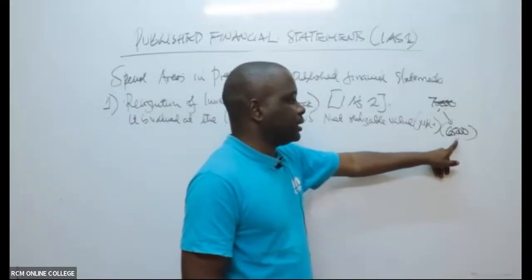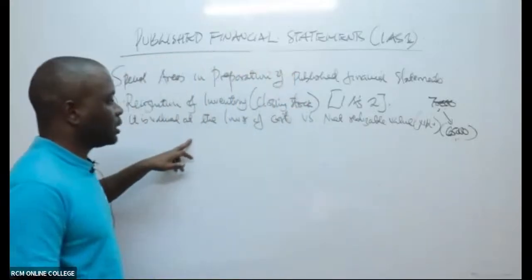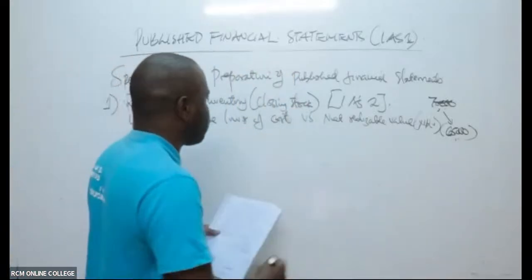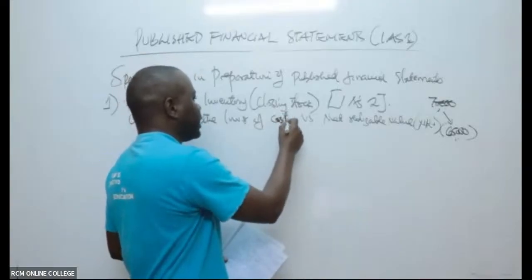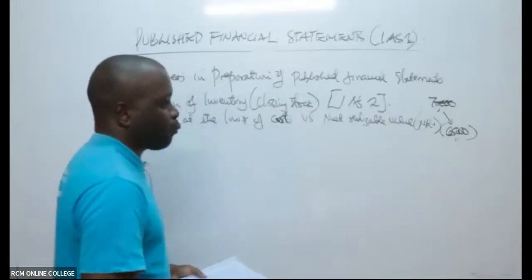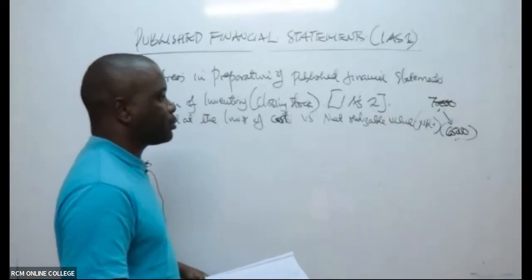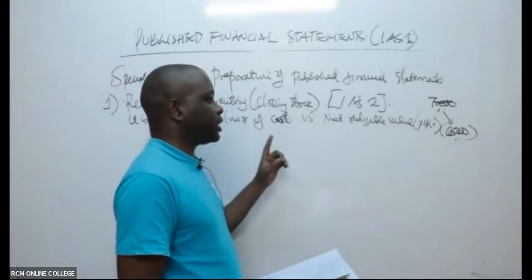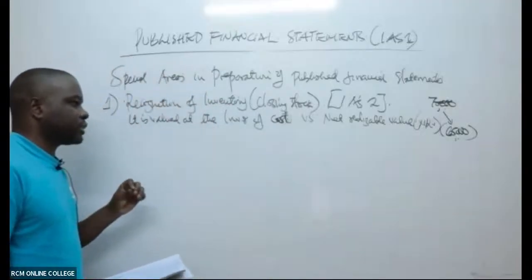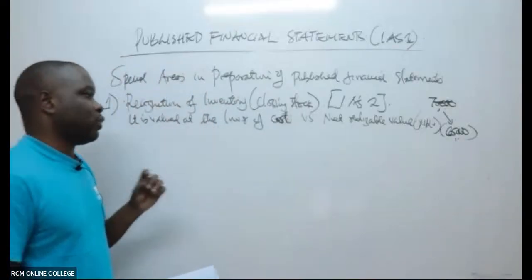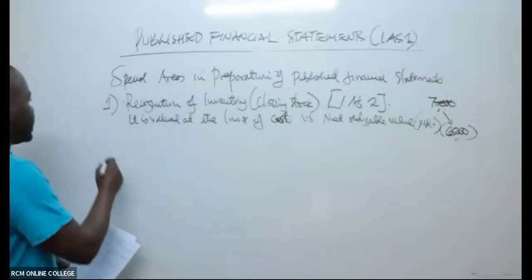This is NRV, because you take the lower of the two, the lower of cost and the net realizable value. So you'll take 65,000 as the closing inventory to be used in the balance sheet, and of course this is used when determining the cost of sales.